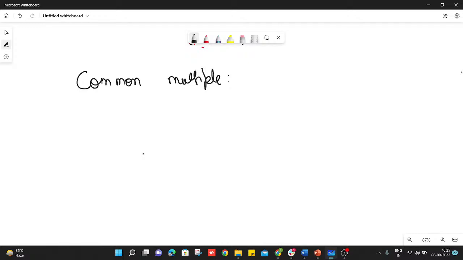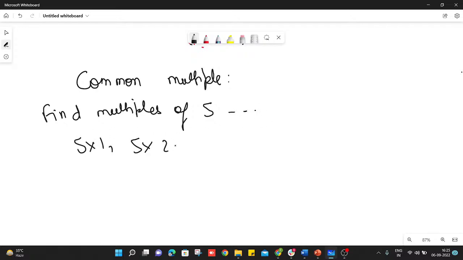How do we find common multiples? Before that, let's discuss how we find the multiples. If someone asks to find multiples of 5, we can find them by multiplying 5 by 1, then 5 by 2, then 5 by 3, then 5 by 4, and so on.